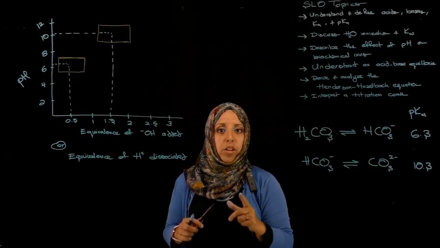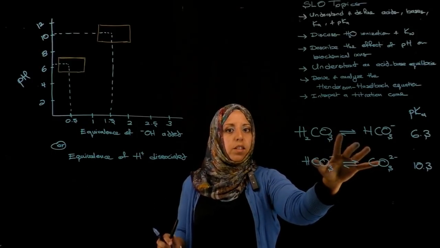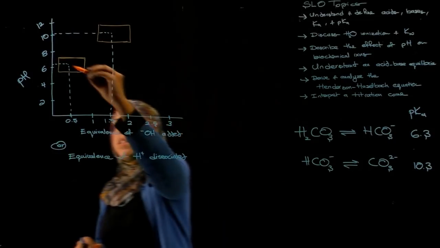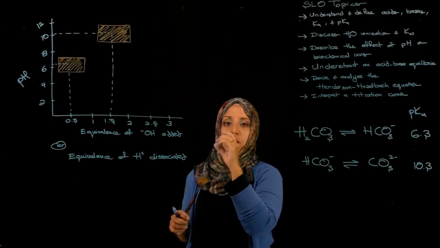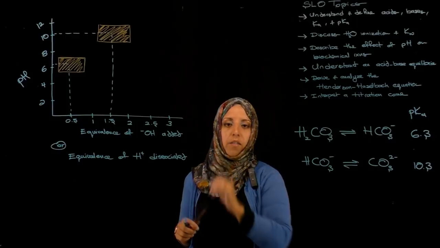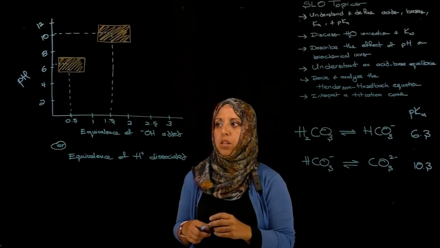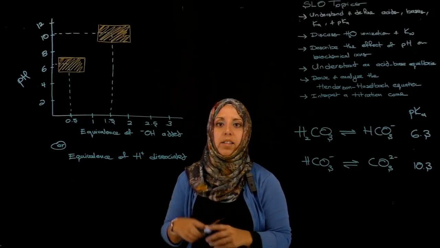Within that region of a titration curve, the concentration of the acid and the conjugate base are somewhat similar, right? When the pH is within plus or minus 1 of the pKa value, there are small changes in pH, right, upon the addition of an acid or a base.